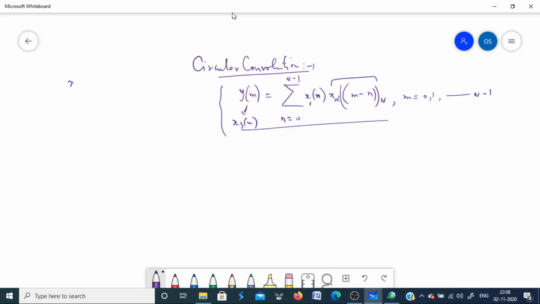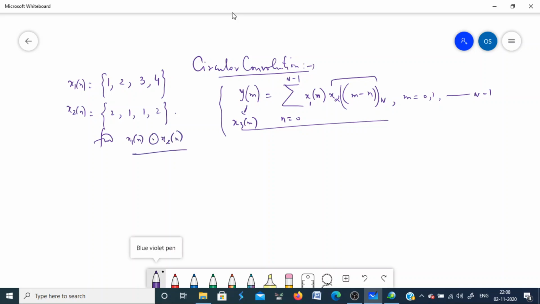Suppose you have x1(n) equal to 1 2 3 4, one sequence, and another sequence, suppose 2 1 1 2. You have to find the circular convolution of x1 with x2. So first thing that we do, we represent these sequences on a circle, in a circular way.